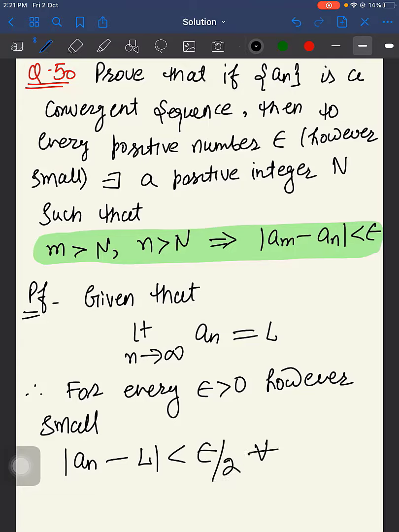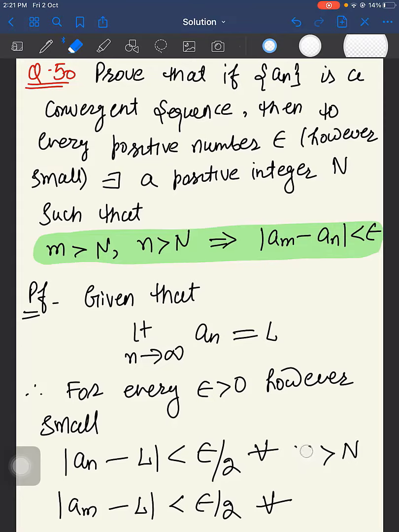If it can be made less than epsilon, then it can be made less than epsilon by 2 as well. Similarly for the mth term also, I can write it this way. Small error, I should write n over here, it's m greater than N. This can be done, right?